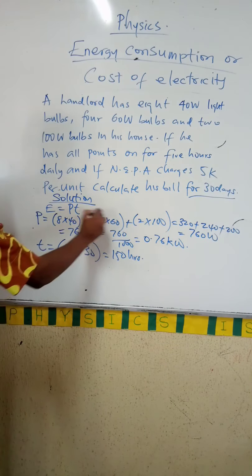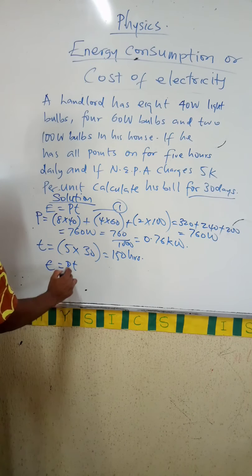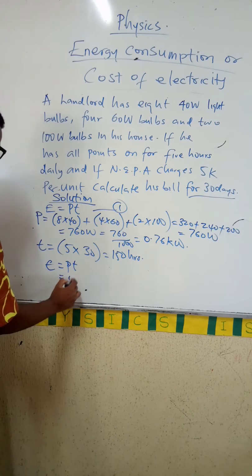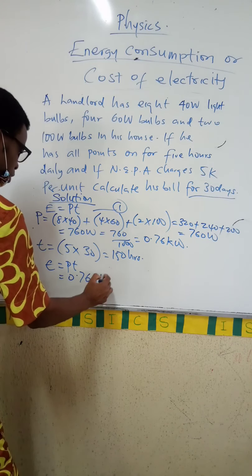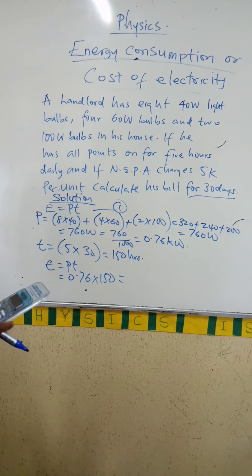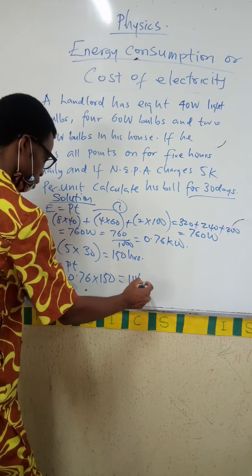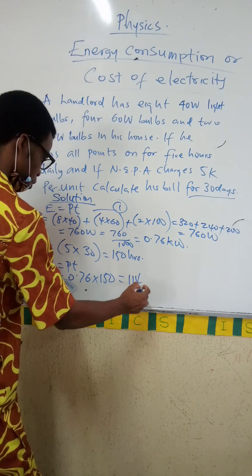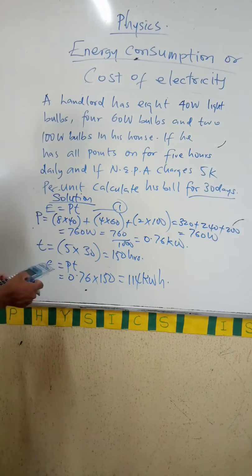So therefore, using equation 1, E equals PT, our P is 0.76, our time is 150. If you do that, 0.76 times 150 will give us 114 kilowatt-hours.